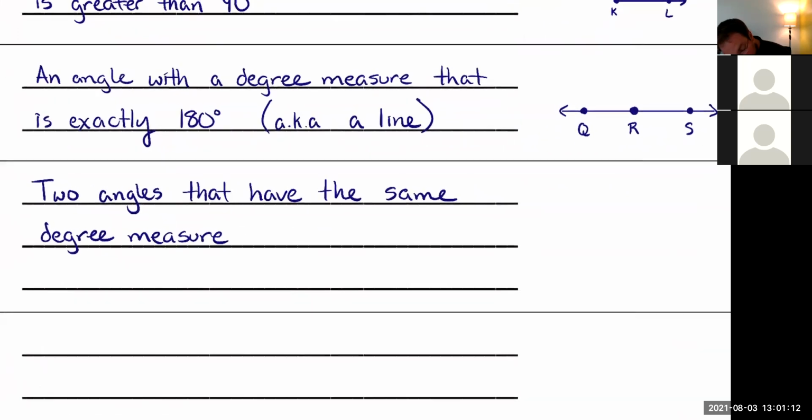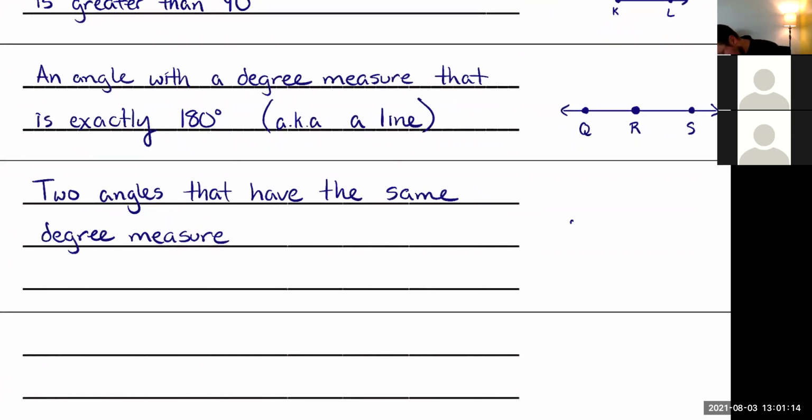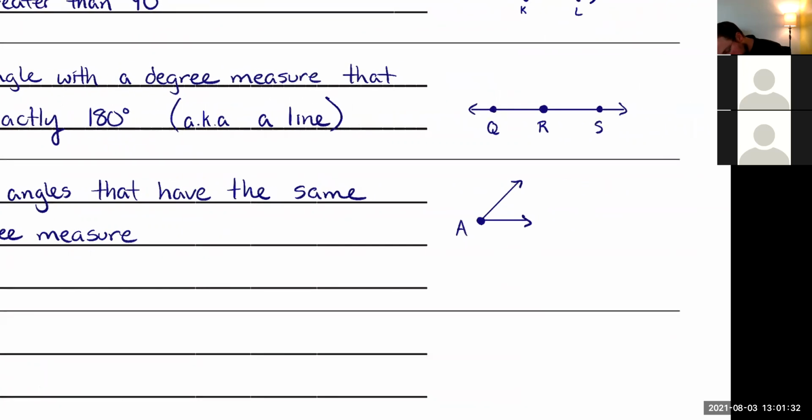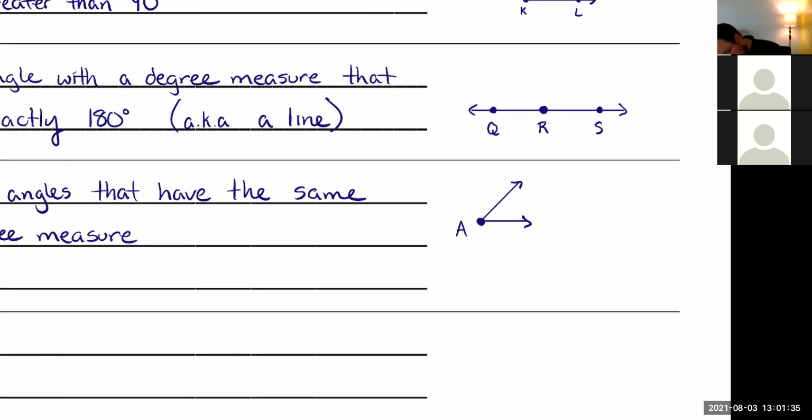So my little diagram here, again, try not to get too fancy, just enough to be able to see. I'm actually going to just be a little lazy here and name them by their vertex only. So I'm going to call this angle A. And I can rotate this.